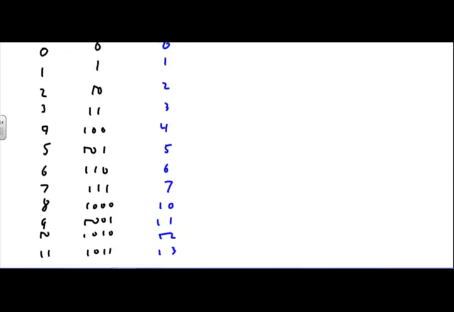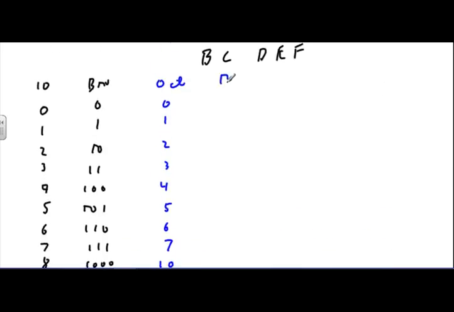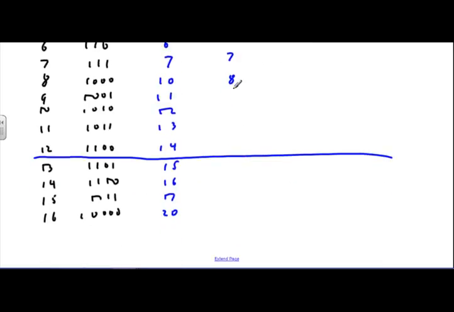Then we're going to do it again in hex. If I could spell hexadecimal. 0, 1, 2, 3, 4, 5, 6, 7, 8, 9, A, B, C, D, E, F, 10.